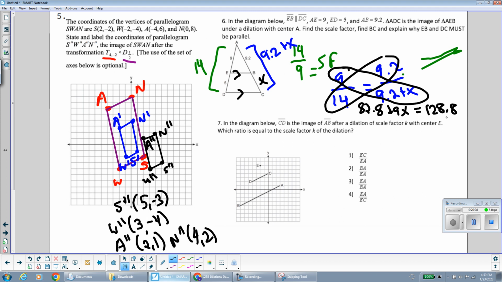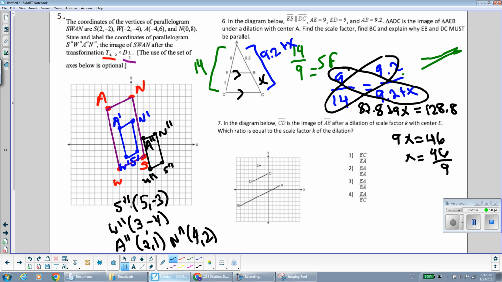Let me subtract 82.8, and that's 46. So I have 9x is equal to 46. So I have x is equal to 46 over 9. That does not work out evenly. That's about 5.1. So I'm just going to leave it as 46 over 9. So x is approximately 46 over 9.